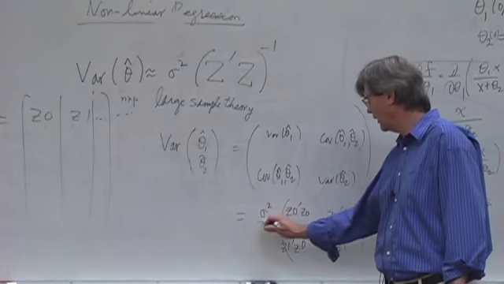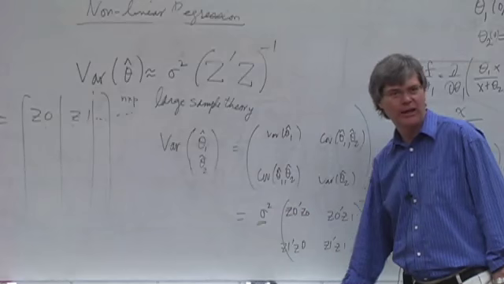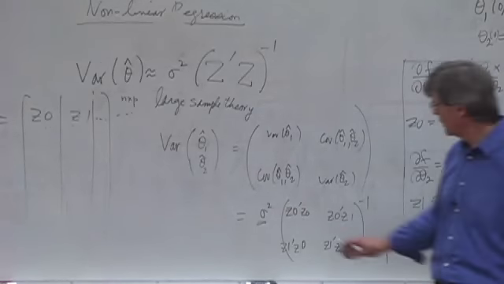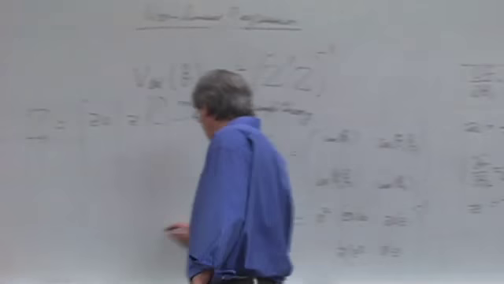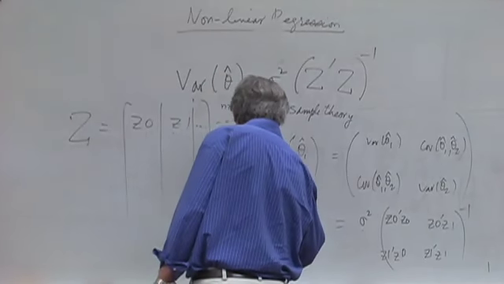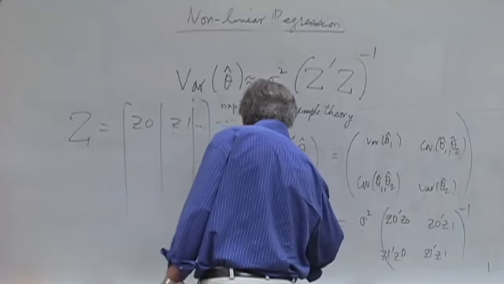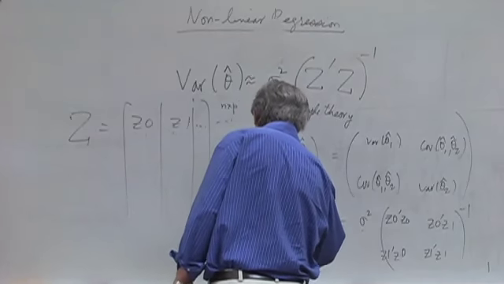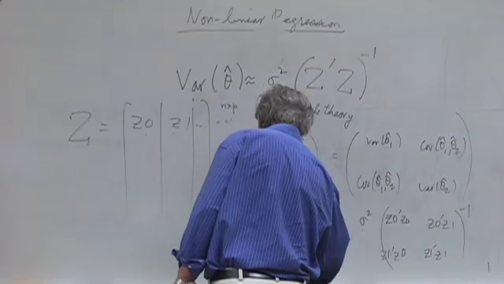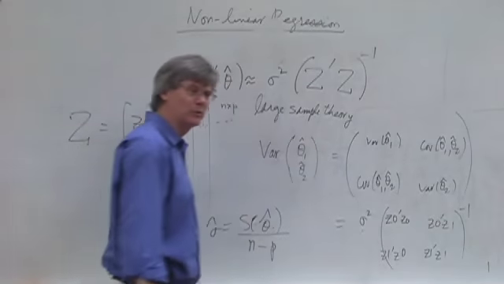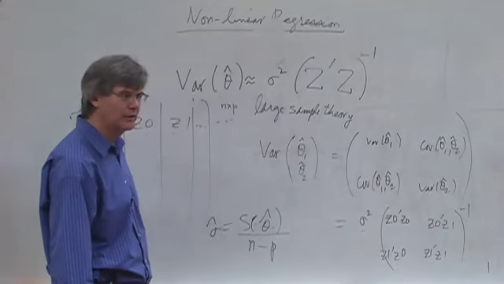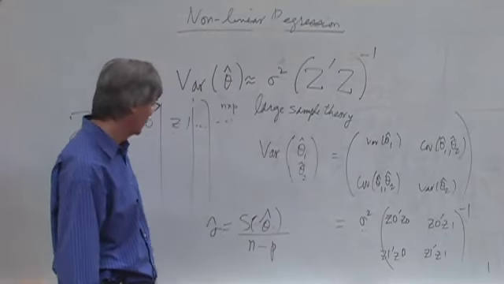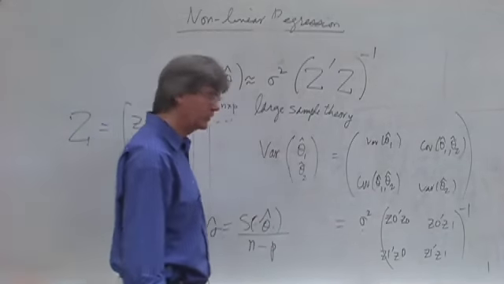Sigma squared is also going to be the MSE from your last fit. Sigma hat squared is going to be S of theta hat divided by n minus p, where, remember, I was taking the sum of squares of the residuals from the nonlinear fit. So that's what I'm going to use.